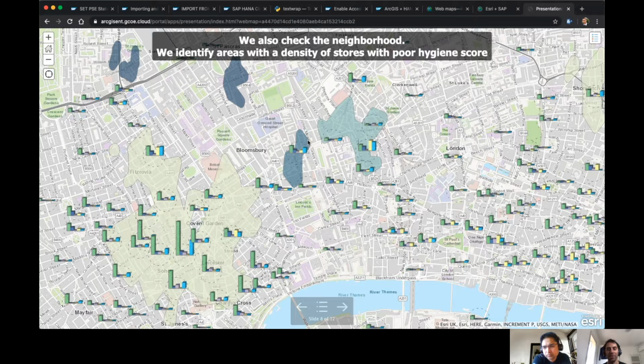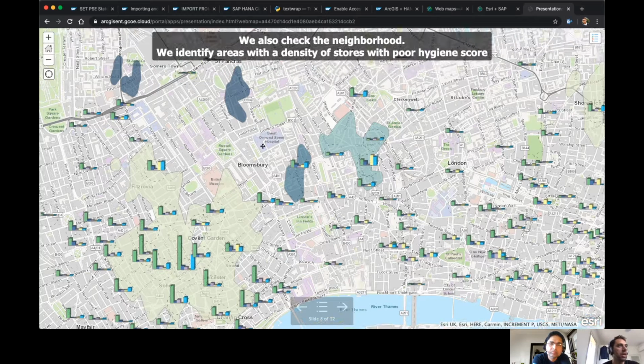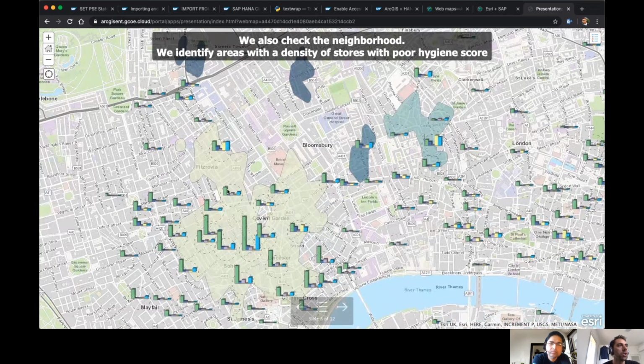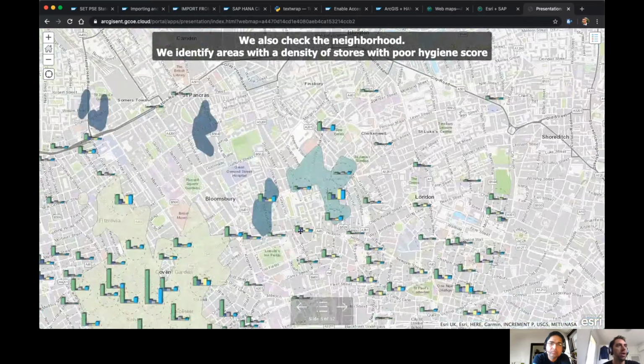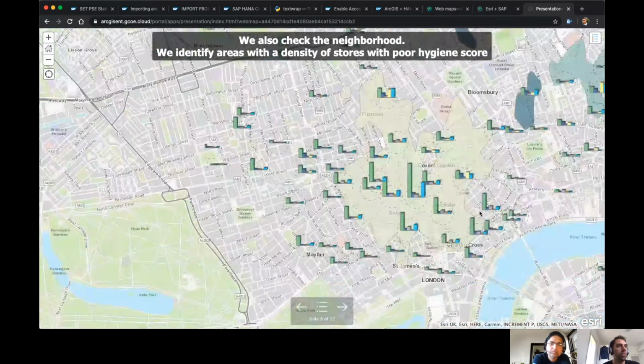And you often have a street with lots of greasy fast food, and that might not be reflected in the indicators if we simply count sandwich shops. So we also use another feature, which is spherical clustering, to understand if those shops are located within one area that has a high density of stalls with poor hygiene scores.